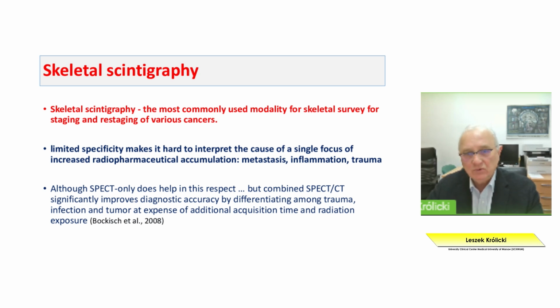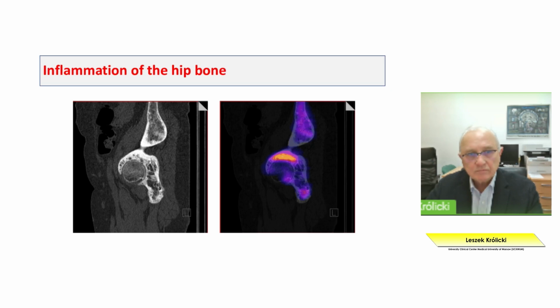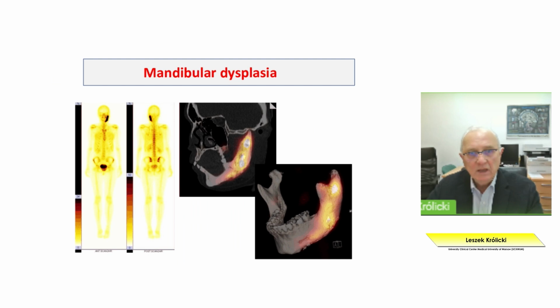And this is a good methodology for us when we run diagnostic examination. These are the examples of such types of exams. You can see morphological changes in case of inflammation of the hip bone. So we can see the inflammation process here clearly.